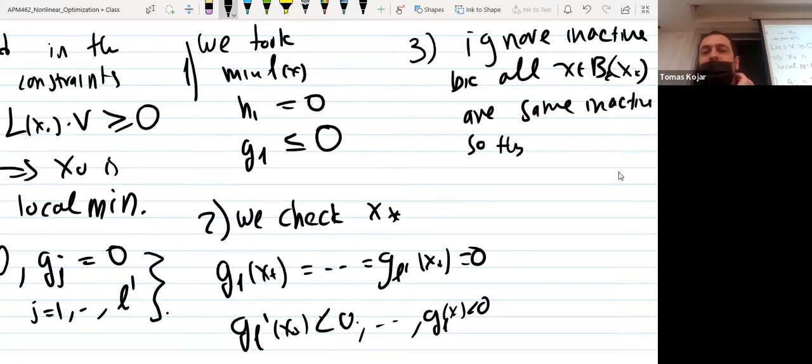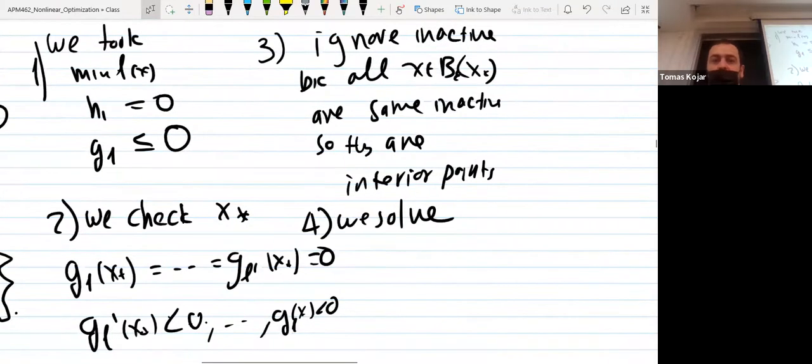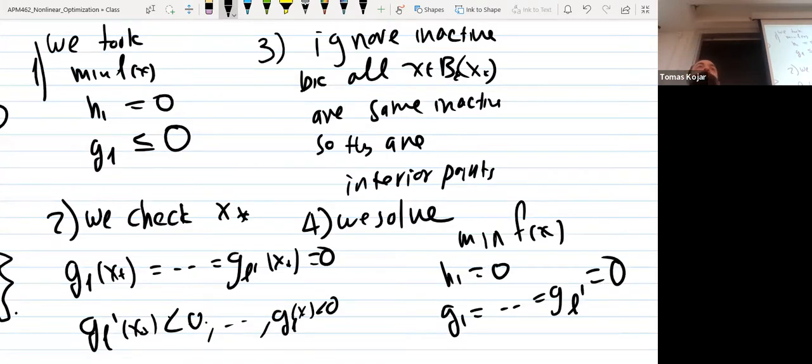So they are interior points. Step 4, we solve the following equality constraints problem: minimize f of x, h1 is 0, and also g1 to g l prime are 0. And this one we solved last time with Lagrange multipliers. That's it. That's the intuition here.